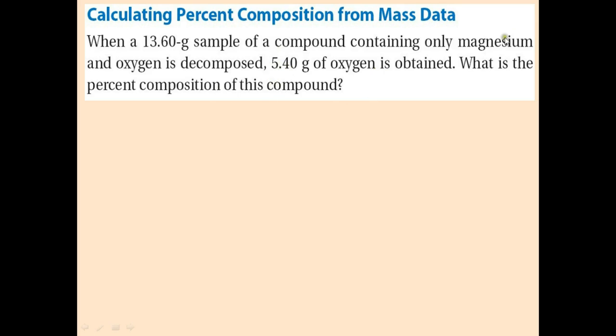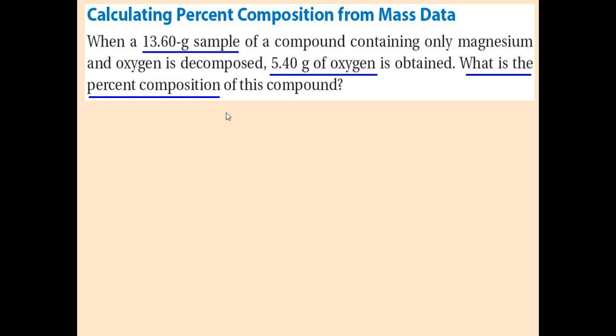Whenever it says what is the percent composition, we want to find the percentage of each of the elements in the compound. So we have to determine what we have. We have a 13.6 gram sample, so that's the total mass. Then we have 5.4 grams of oxygen.